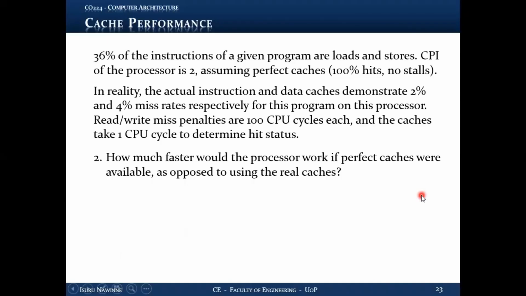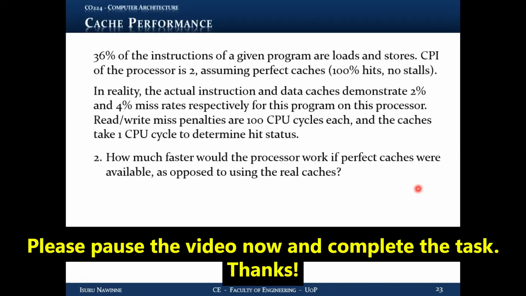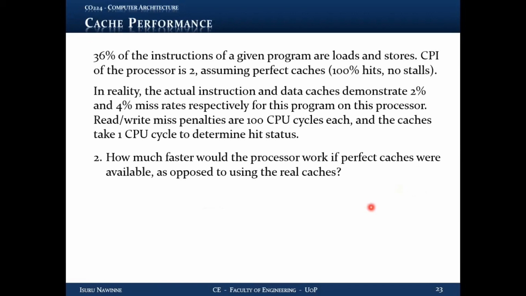So that is our second question. How much faster would our processor work if we had these magic caches, ideal, perfect caches, where you don't have any misses at all, the accesses are all hits, right?